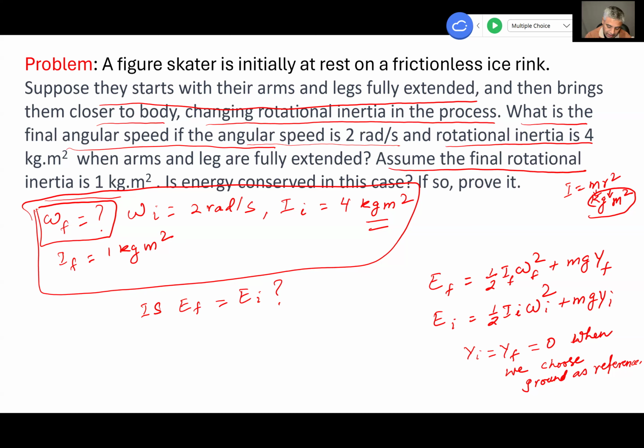So did anyone find the final angular speed? If you did, type that in the chat.